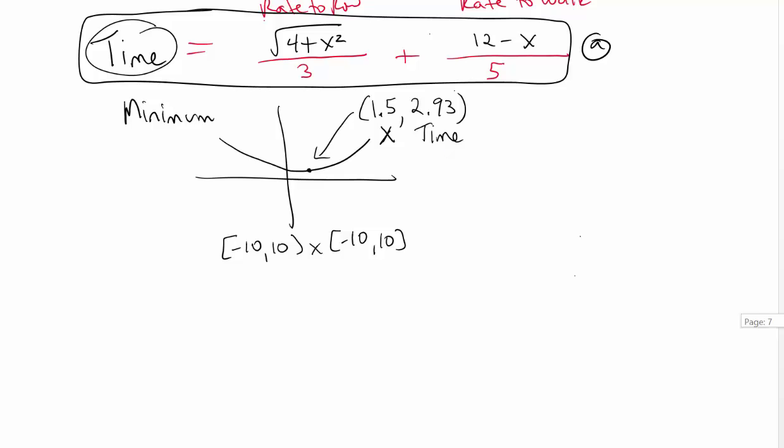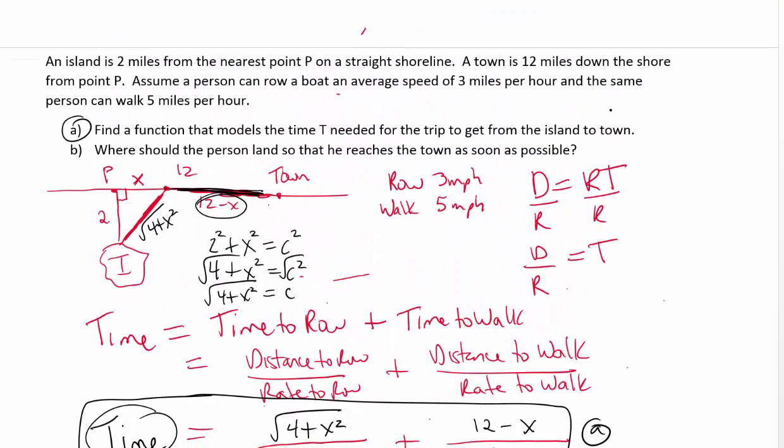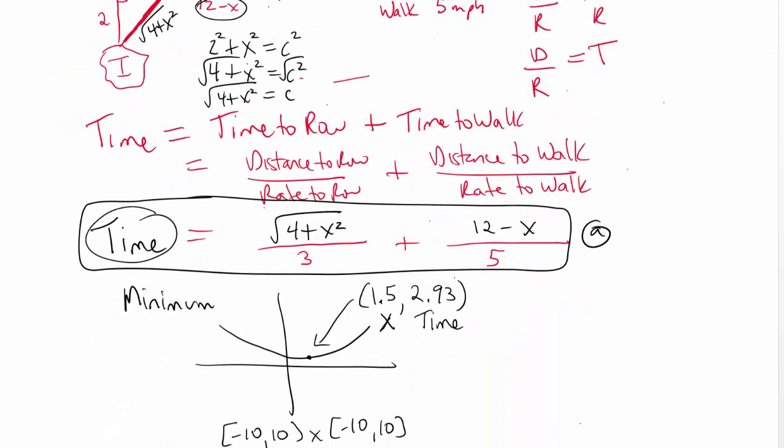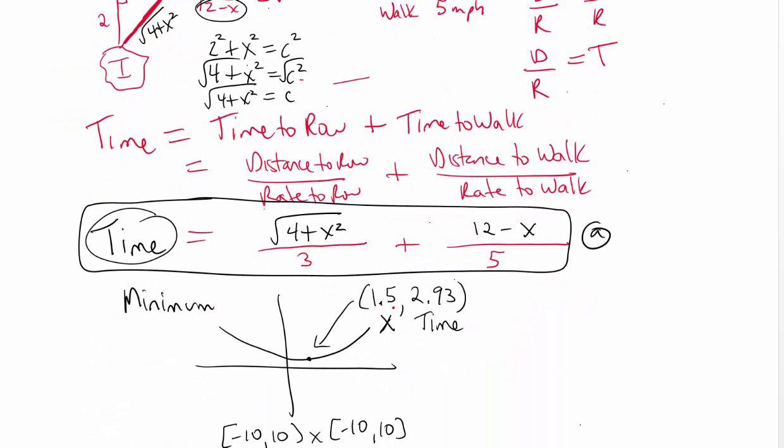Now what did the question want to know? For part B, it says where should the person land. So the person needs to land 1.5 miles away from P to minimize your time.